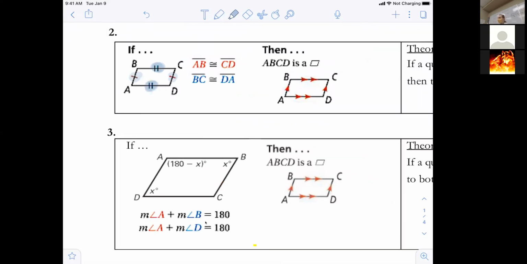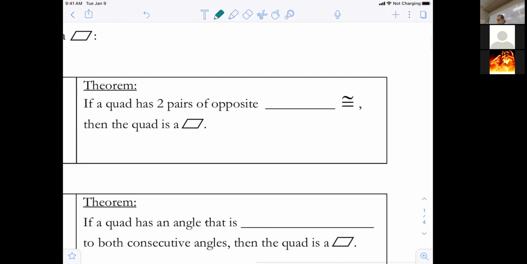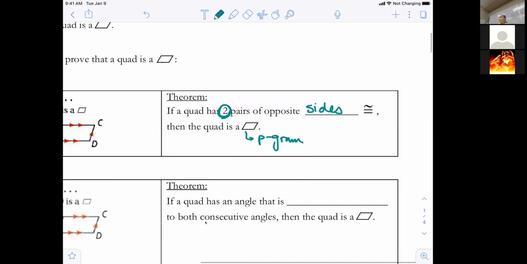So in general words, that means if a quad has 2 pairs of opposite sides congruent, then a quad is a p-gram, or a parallelogram. If you don't like writing p-gram, you can write it all the way out. I can't just say opposite sides are congruent. I need both pairs of sides that are opposite each other to be congruent in order for that to be true.